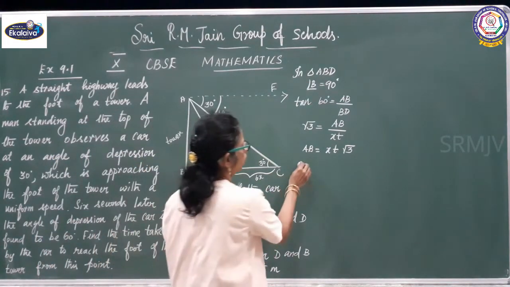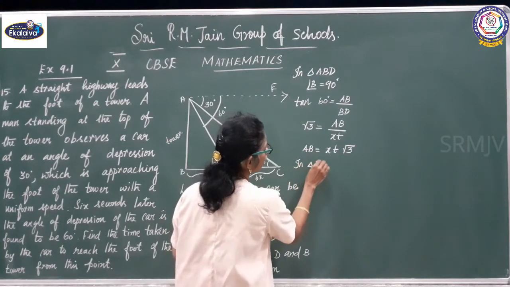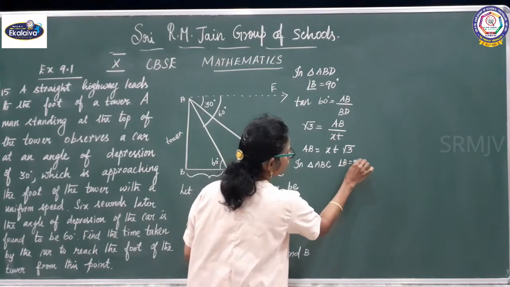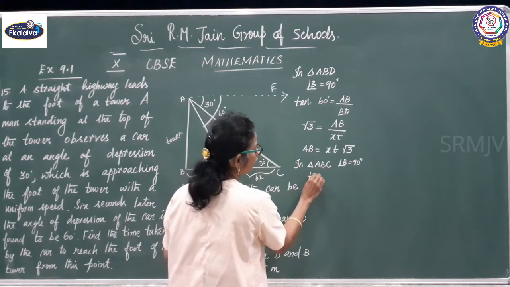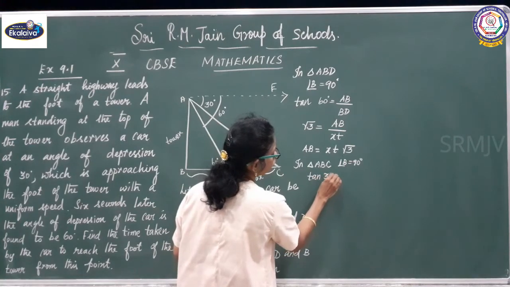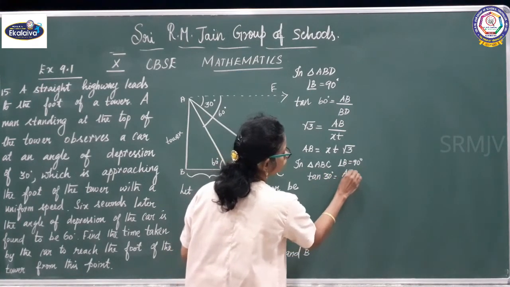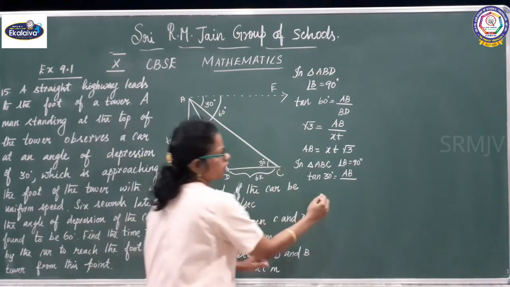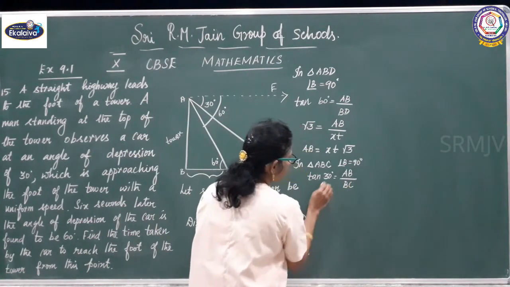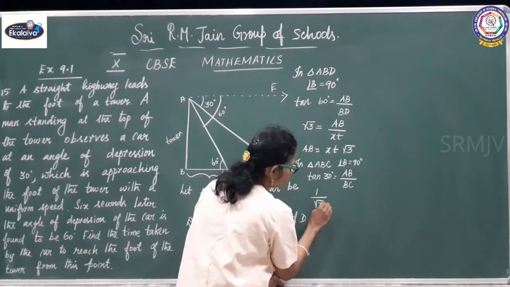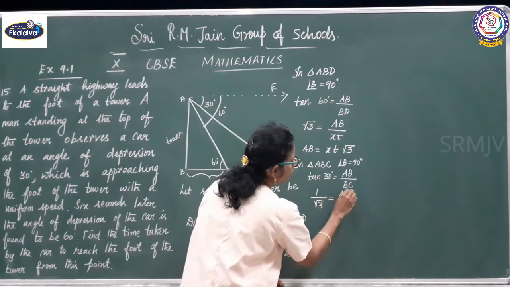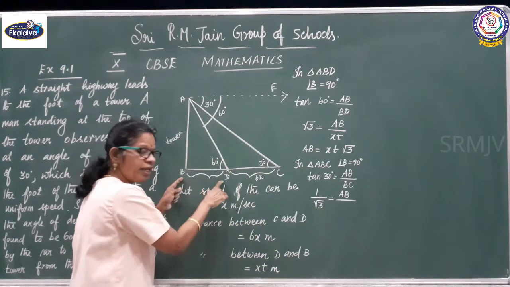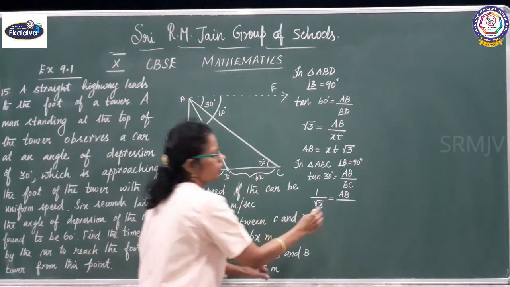ABC. In triangle ABC, angle B equal to 90 degree, tan 30 degree equal to opposite by adjacent, that is AB divided by BC. Tan 30 degree value you know, that is 1 by root 3. AB divided by, what is BC? BC can be written as BD plus CD.